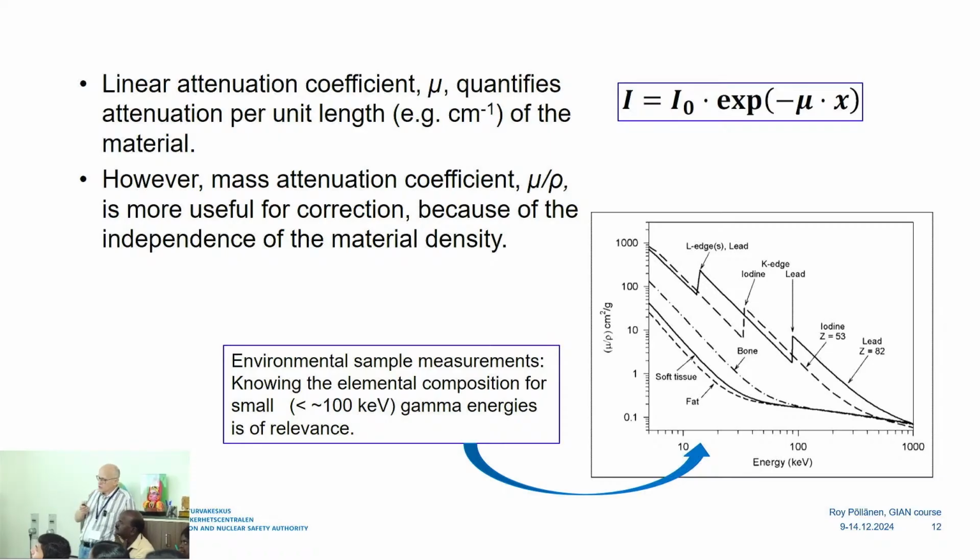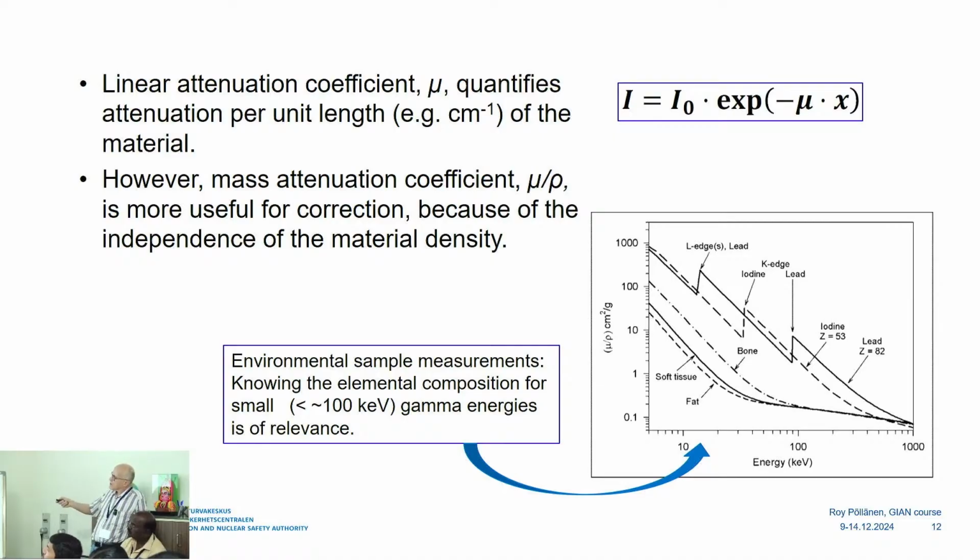There are two main concepts that deal with this area. Linear attenuation coefficient. It quantifies attenuation per unit length, for example, per centimeters or millimeters or whatever is the unit. However, mass attenuation coefficient is more useful because there is independence of the material density.